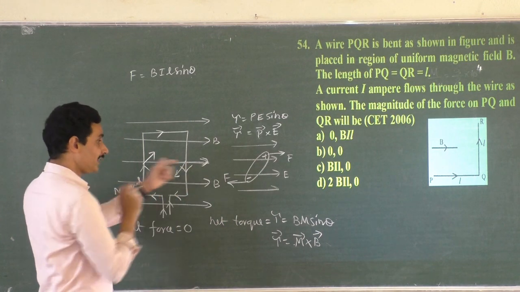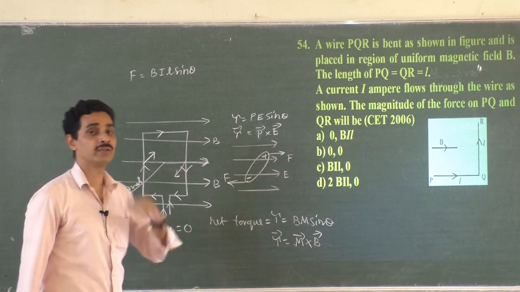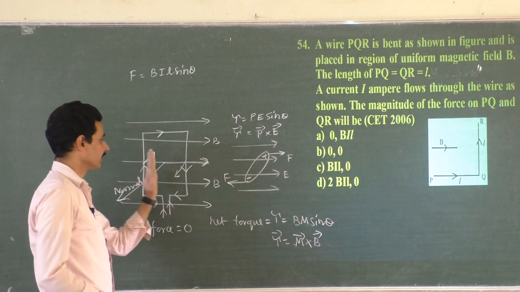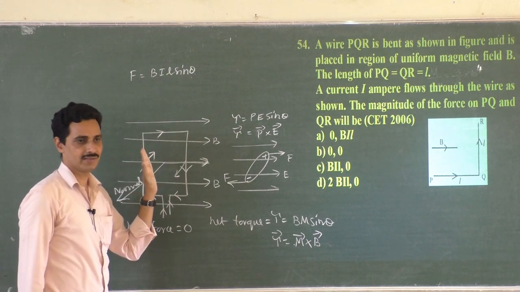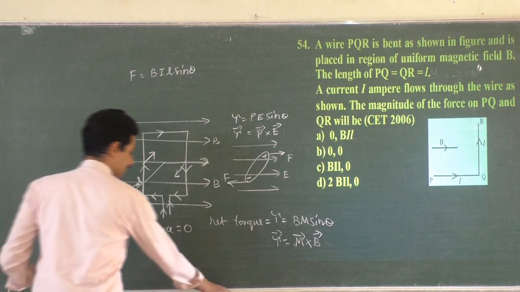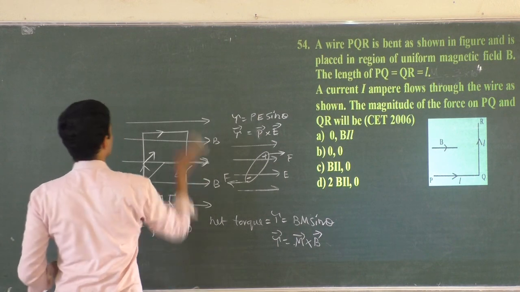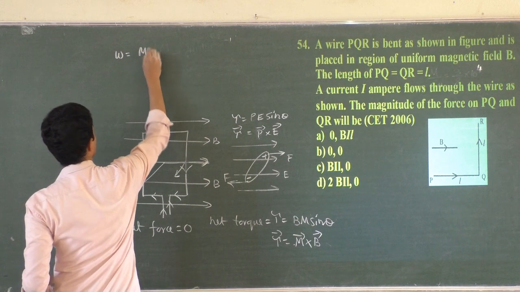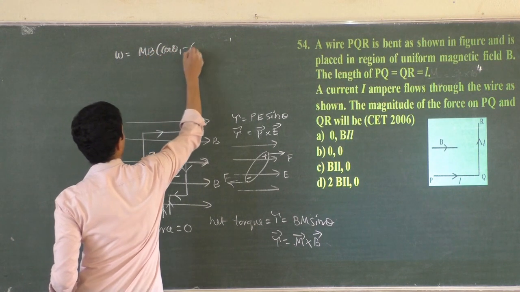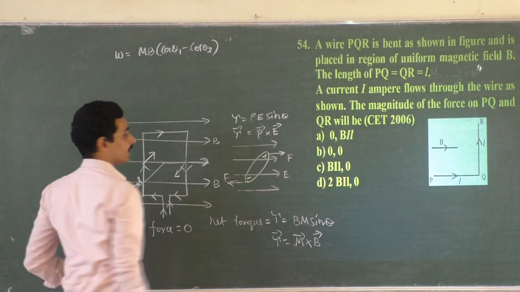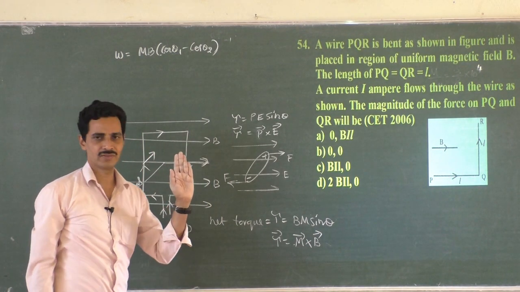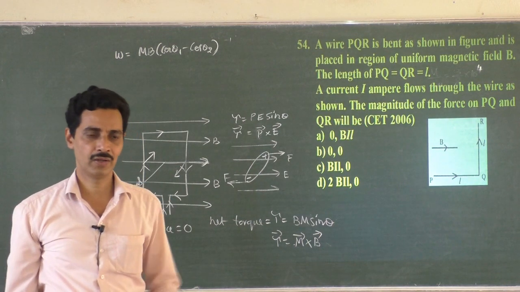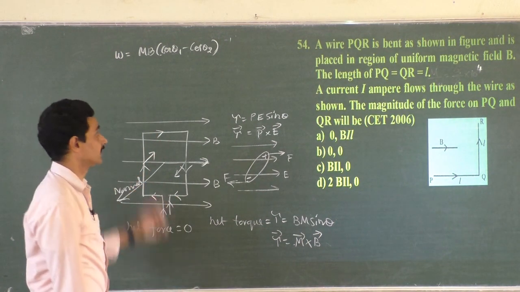Now, if I turn it through an angle theta, I will have to do work against the torque, because the torque is trying to turn it back, and if I turn it like this, I have to do the work against that torque. So what is the work done in turning a current loop in a magnetic field? Work done is equal to mB (cos theta 1 minus cos theta 2), where theta 1 is the initial angle, theta 2 is the second angle.